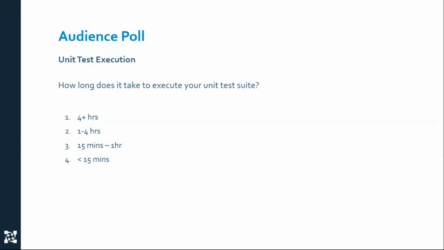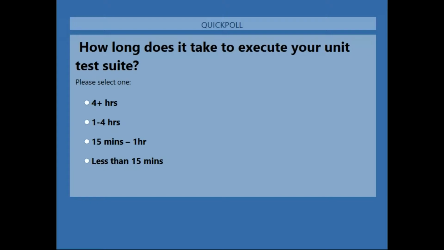Obviously, we can reduce that time as part of my CI by doing parallel builds and server farms and what have you. But let's go ahead and run this poll, and then we'll talk a little bit more about what we typically see. So many times what you're going to be focused on is to say, okay, if I want to have a valid unit testing suite, it needs to run within less than 50 minutes.